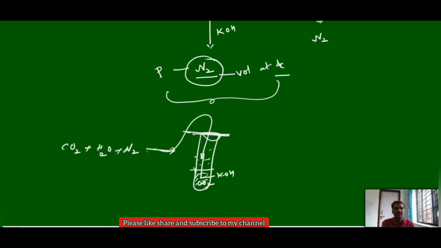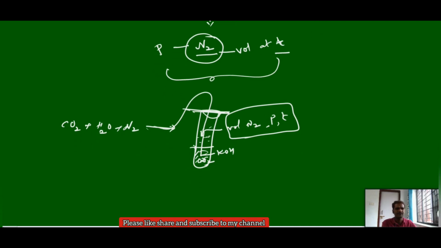Now you can calculate how much volume it occupies, what is the volume of nitrogen or pressure of nitrogen at that particular temperature. Once you know these parameters, you can identify the weight of nitrogen present in a given organic compound. For this we will use one formula.